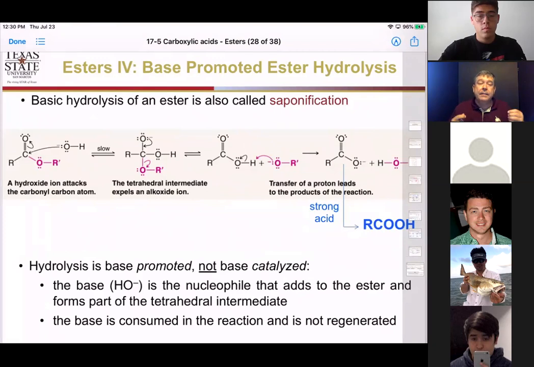So in the case of base hydrolysis, it's typically called saponification. Little history note: saponification is a process used by people for over 2,000 years, where they would take the sodium hydroxide generated from fire ash and use it to clip off the esters in animal fats to generate soap.